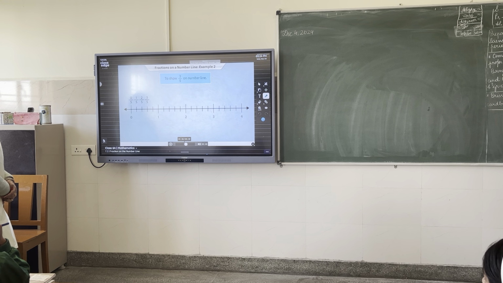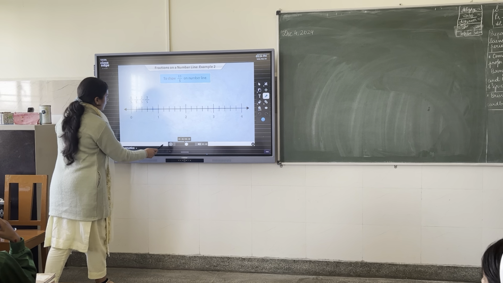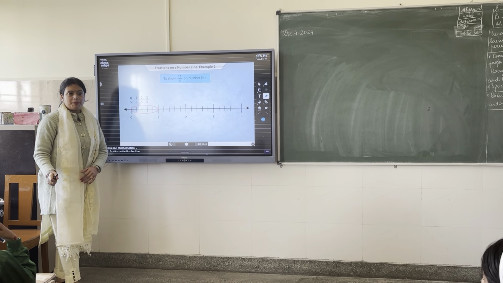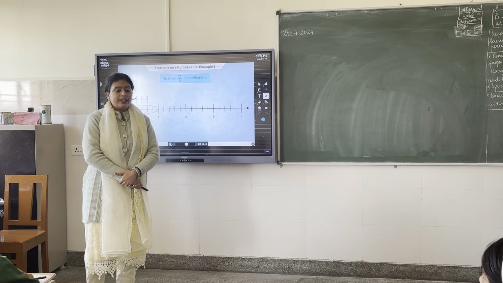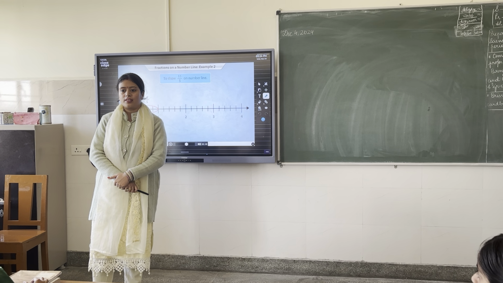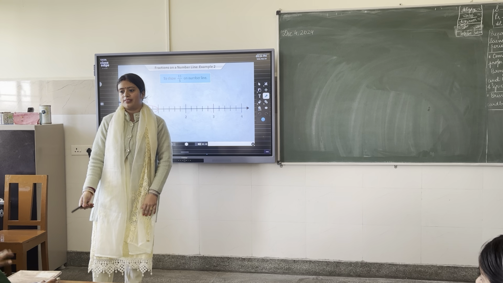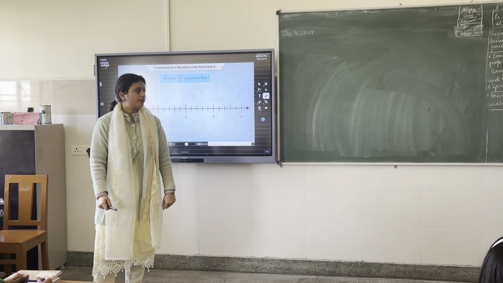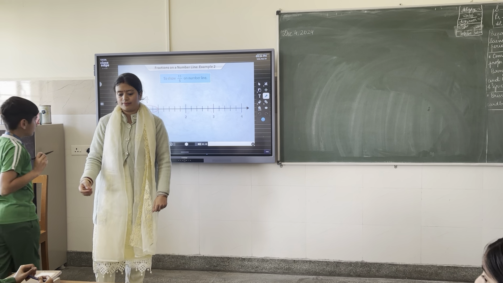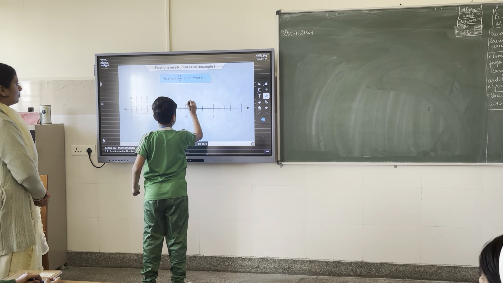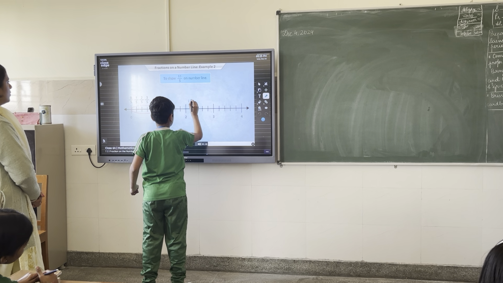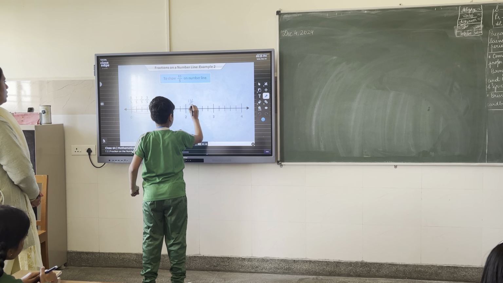Now let's consider the other fraction, 11 by 5. You know that here also each unit needs to be divided into 5 parts. Now we have 11 by 5. Who will represent it? First, write all the numbers.